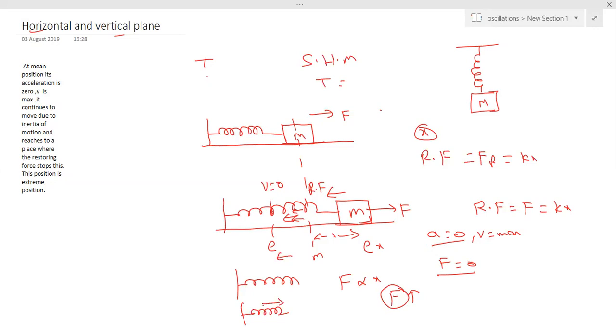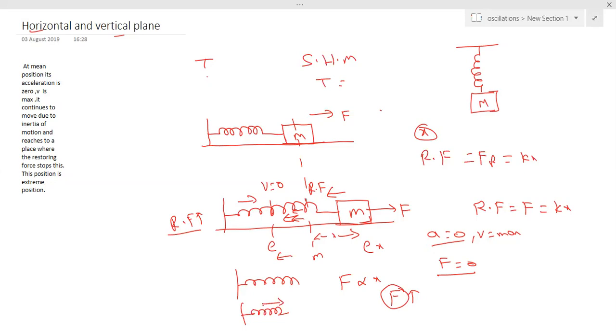that is, the restoring force will increase. There will be a stage where this restoring force will bring the body to rest. At this position, the restoring force will again push the mass in the opposite direction, because of which this mass will move like this and again go like this.